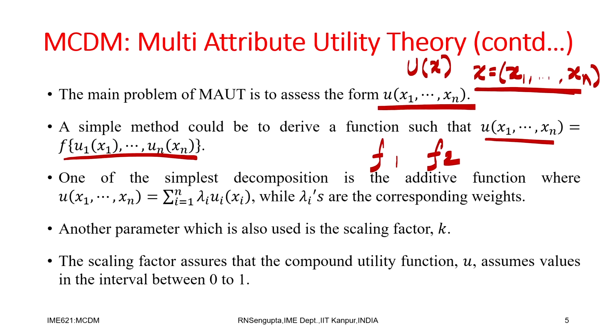Another parameter which is also used is the scaling factor. What is the scale you want to give? What is the overall effect? You want to scale it up or down. Here lambda 1 to lambda n are normalized depending on the weights you want to give. For example, I am giving weights of lambda 1 to lambda n between 0 and 1. That means the addition of lambda 1 to lambda n is 1.